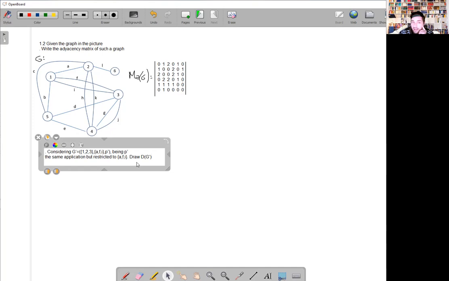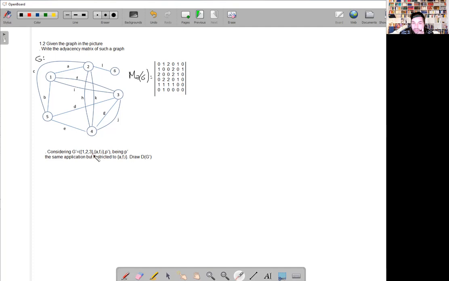We consider a subgraph of this one, right? Which consists only of 3 nodes and 3 links. So remember that this is the definition of a graph.